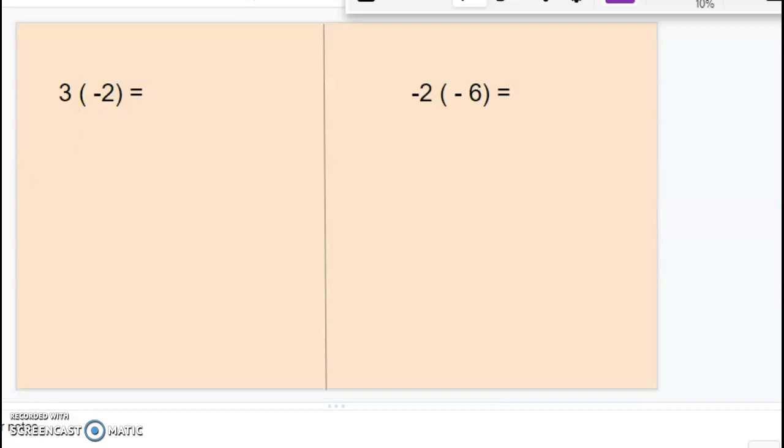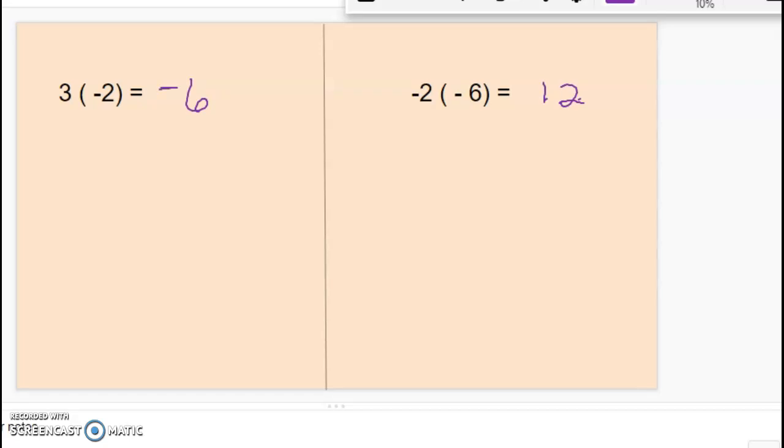All right, so let's do these with the rules and then we'll prove it, okay? So first, we know that 2 times 3 is 6, and we know that 2 times 6 is 12. So that's the easy part. Now let's look. When the signs are different, it's negative.